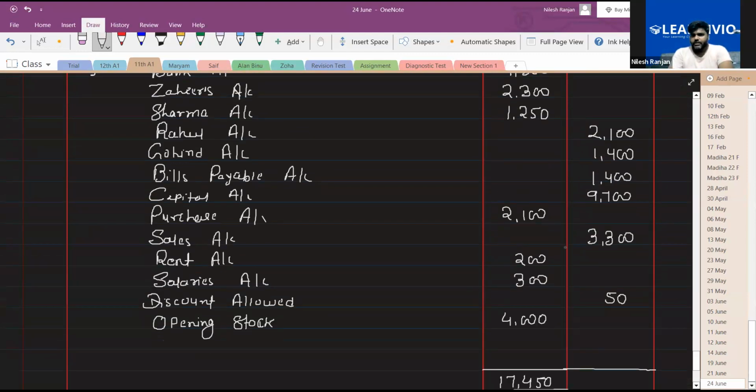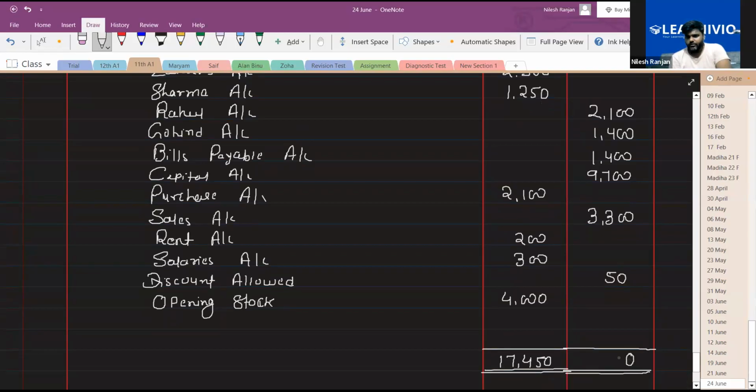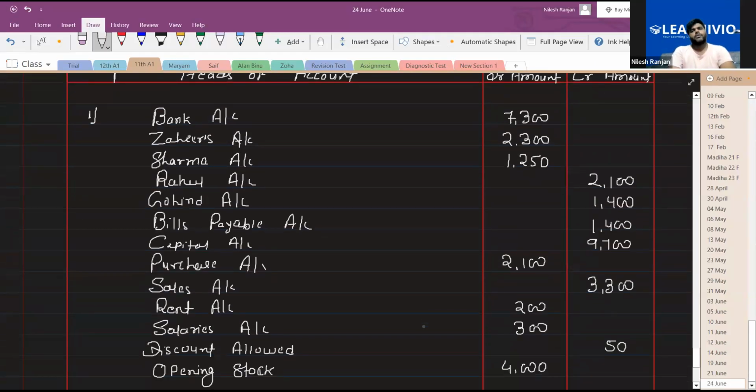Here on the credit side, it is 17,950. There is a difference of 500.